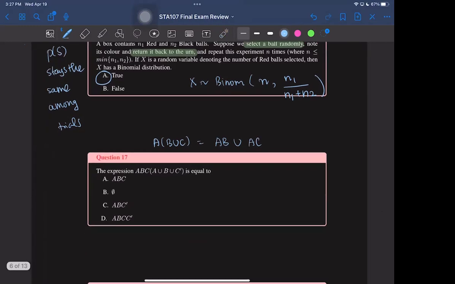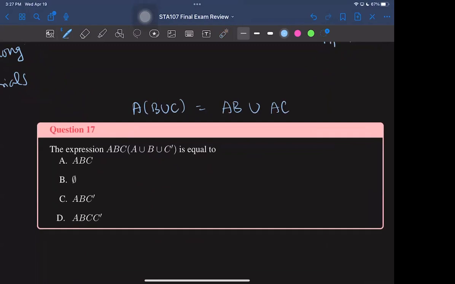I see a student explanation where the student used this formula: A intersect with the union is equal to AB union AC. So here, this chunk acts as A, and each of B and C acts as the elements in the union.